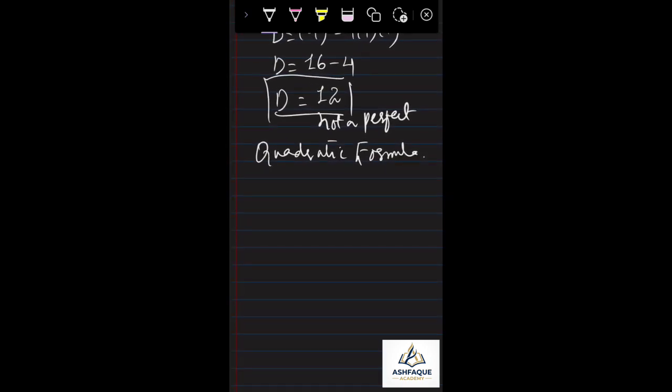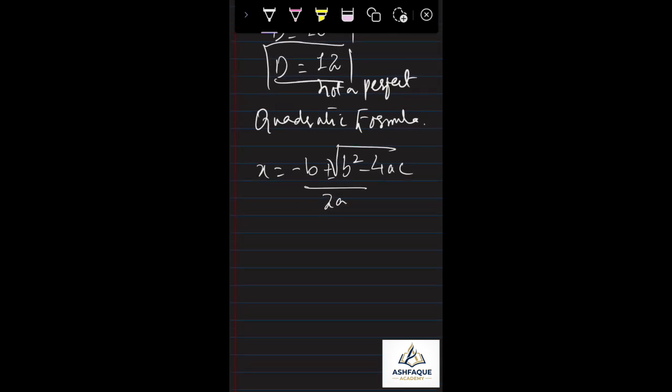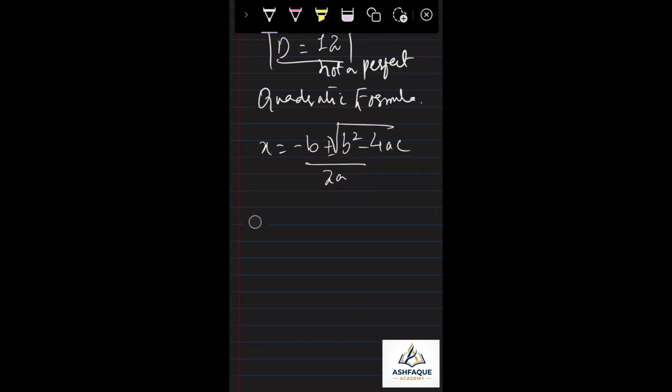What is the quadratic formula? x equals minus b plus minus the root of b square minus 4ac upon 2a. So now we will put the values in the formula.